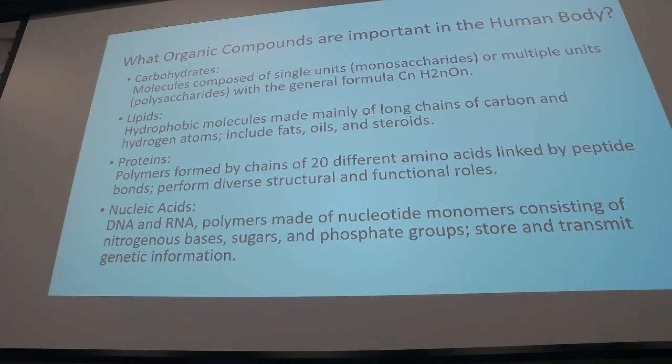And then these monomers can form chemical bonds, and then you form polysaccharides. And the general formula of carbohydrates is CnH2nOn. So C and O will be the same number, and H will be twice the number of carbons and oxygens that you have.